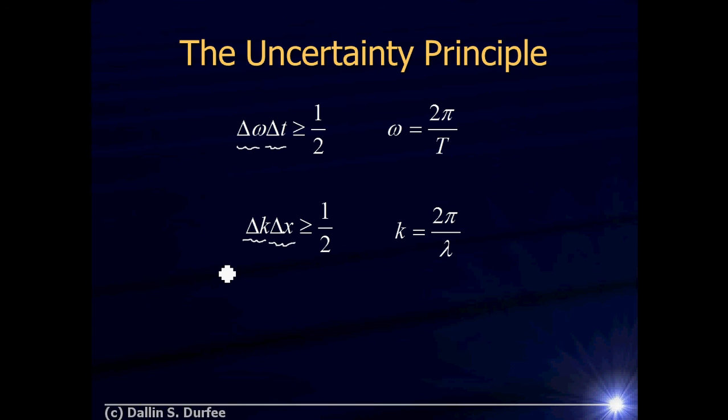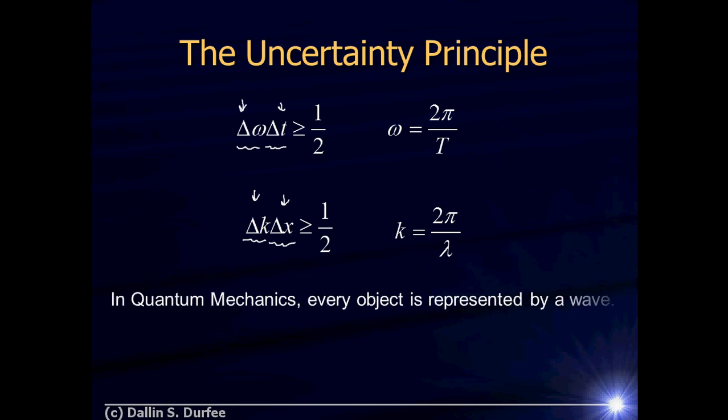A pure spike, a delta function, something that just exists at one point, a wave that just pops up at one point and goes back down infinitely fast, that lasts for zero time. It has to have all possible frequencies in it. A wave that exists in only one point has an infinite spread of wave numbers in it. And somewhere in between, if you snap my fingers, that lasts a certain amount of time, there's a minimum range of frequencies we have to add together to make a pulse that lasts a short amount of time.